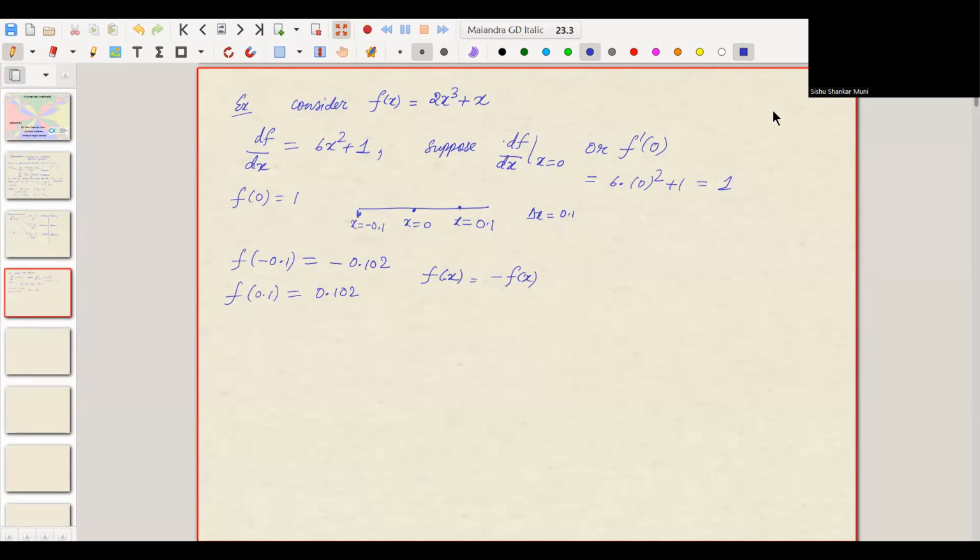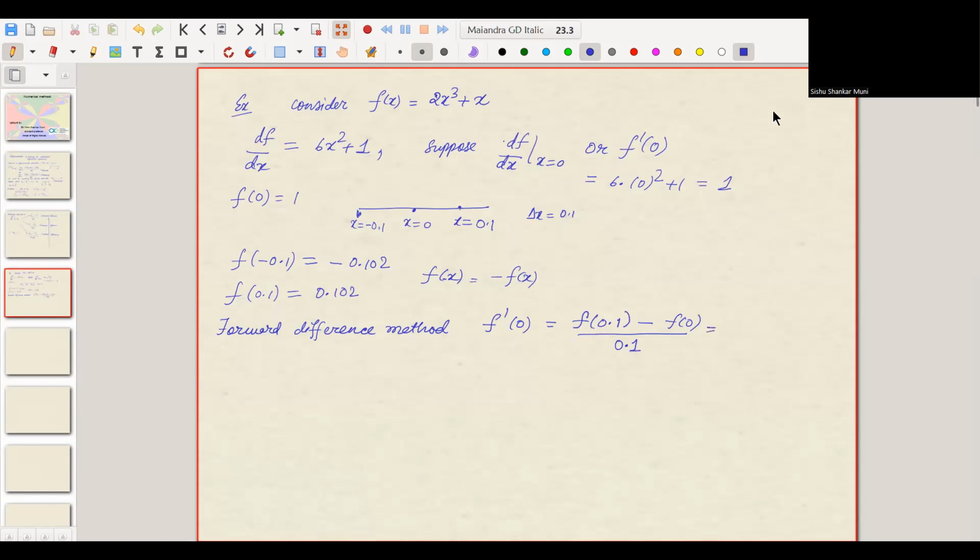Next we will apply the forward difference method. You know the method, right? So f dash 0 equals forward, that means I need a point ahead of 0, that is f of 0.1. So f of 0.1 minus f of 0, divided by delta x, which is 0.1.